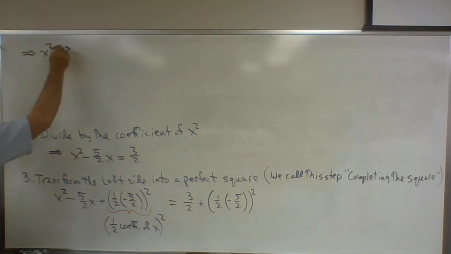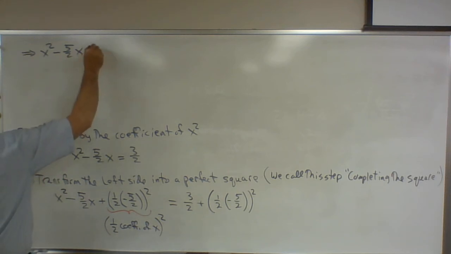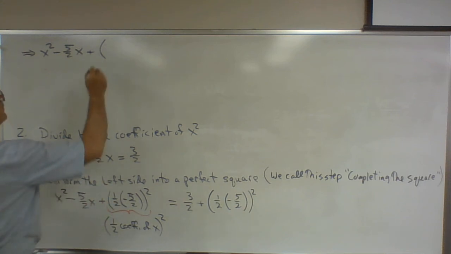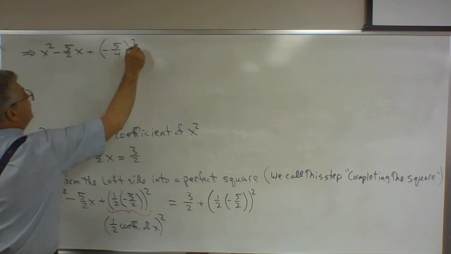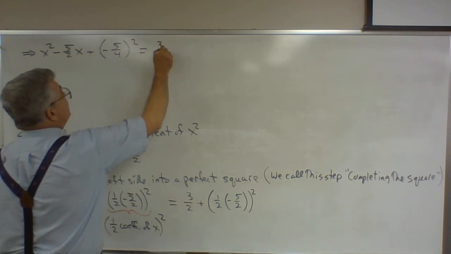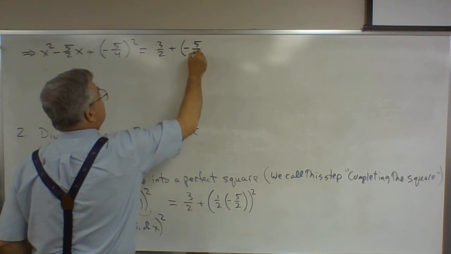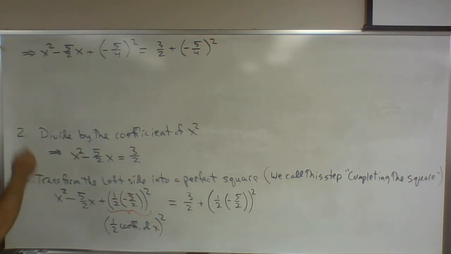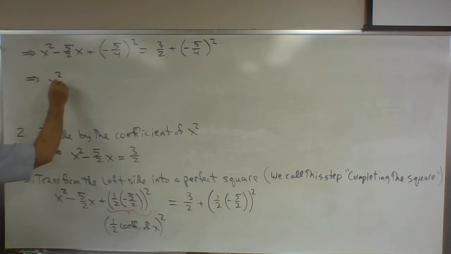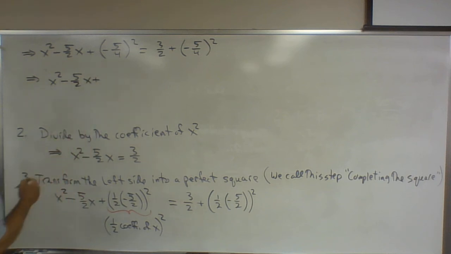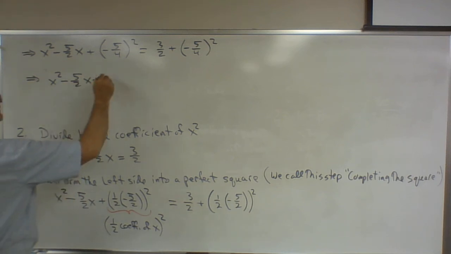X squared minus 5/2 x plus -5/4 squared equals 3/2 plus -5/4 squared, and let's see, we should get 25/16.